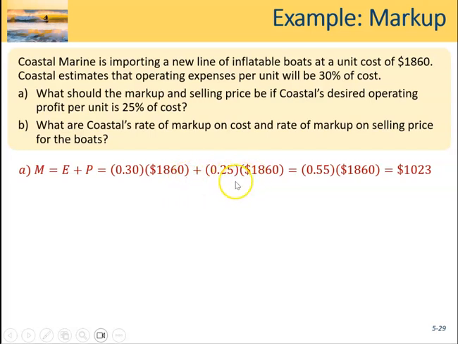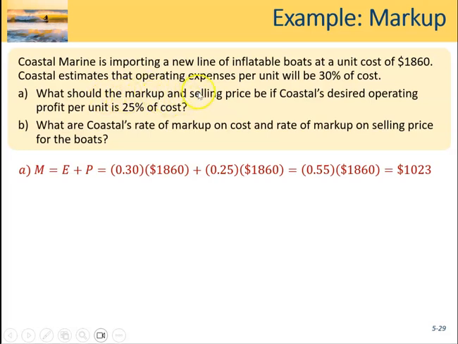And we know that our profit is 25% of cost, which is 0.25 times 1860. Okay, and that gives us $1,023. So our M, the markup, is 1,023.